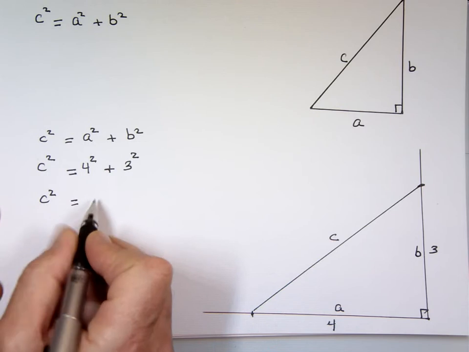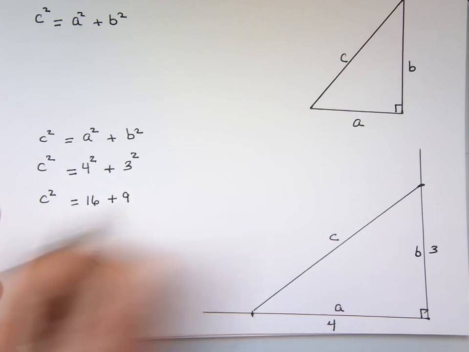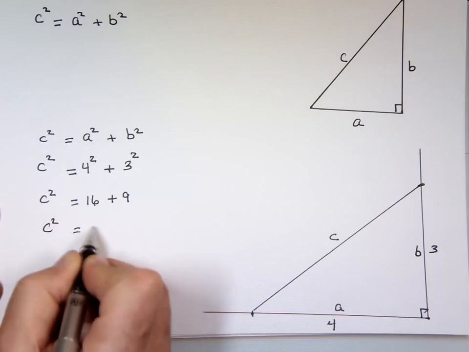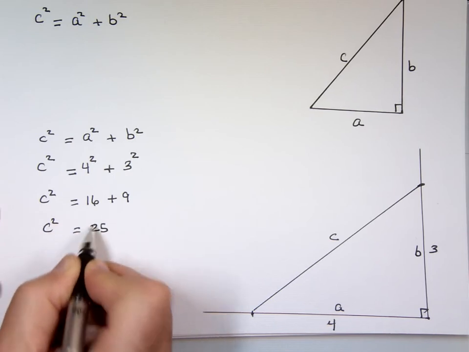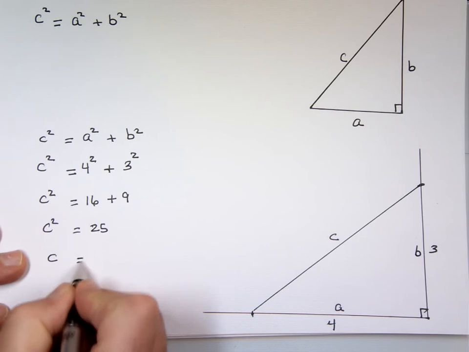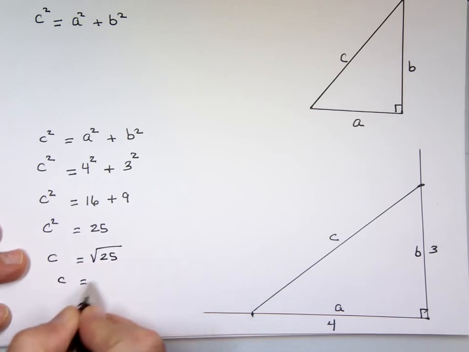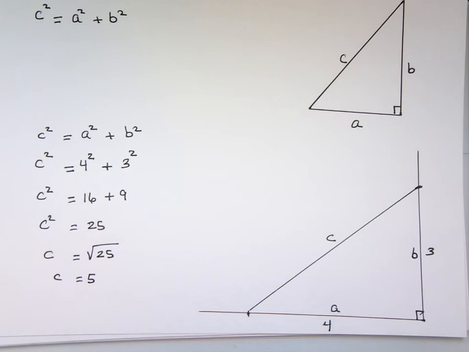What's 4 squared? 16. What's 3 squared? 9. What do we have? 25. What number, if you multiply it by itself, is 25? 5. So C really equals the square root of 25, which is 5.